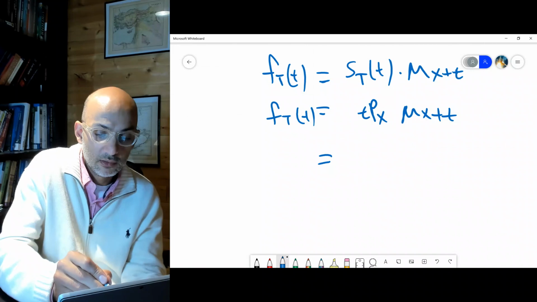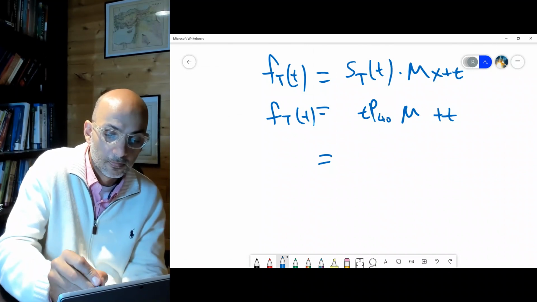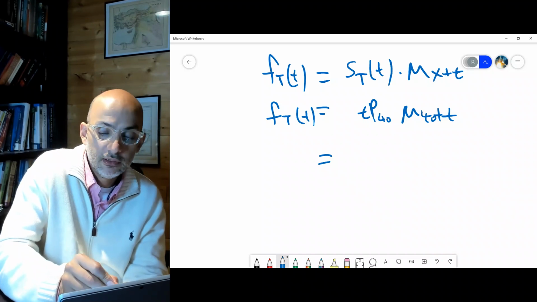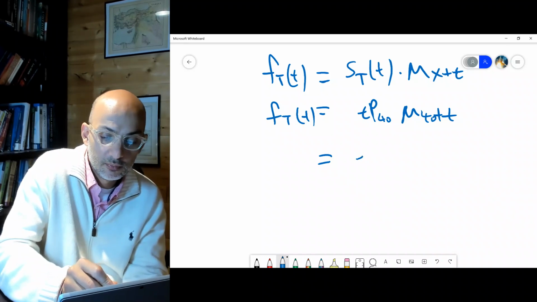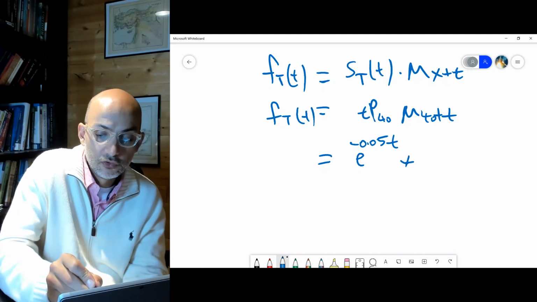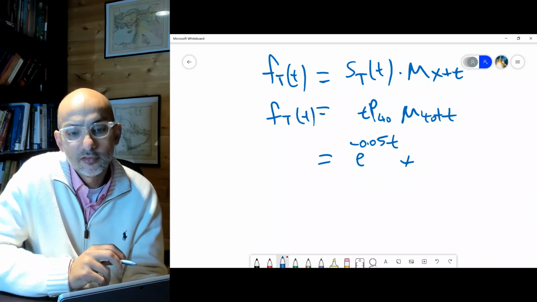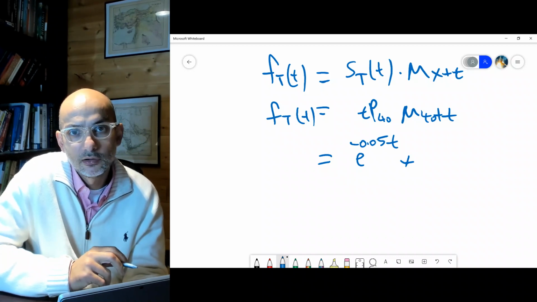So tp40, actually let's use 40 here, we already computed to be e to the minus 0.5 multiplied by t. Now mu of 40 plus t for the exponential distribution has constant force.